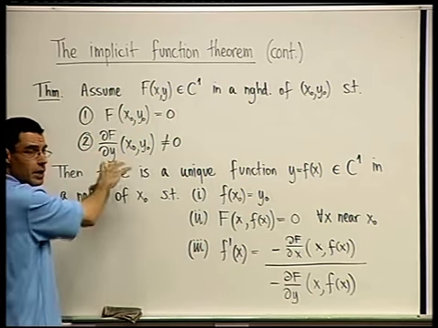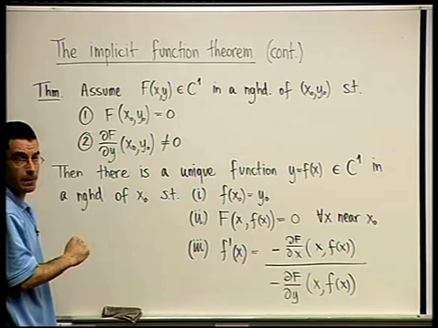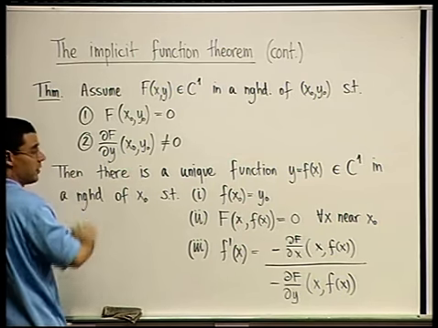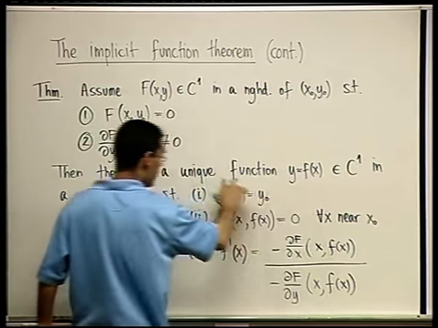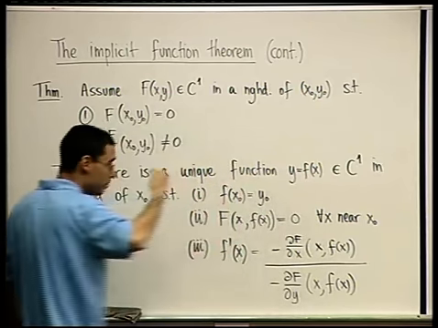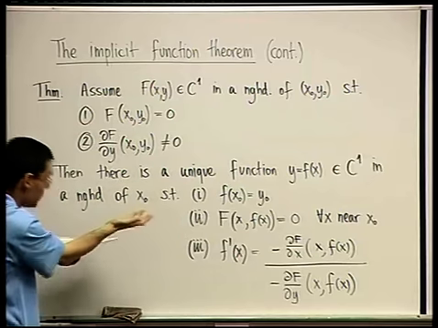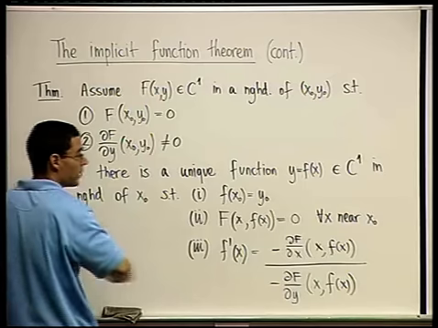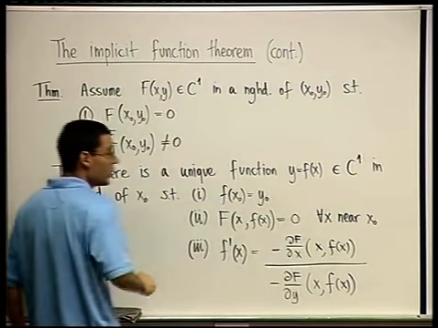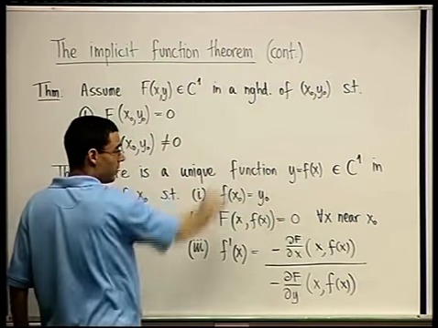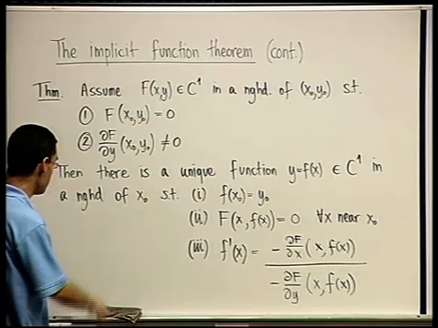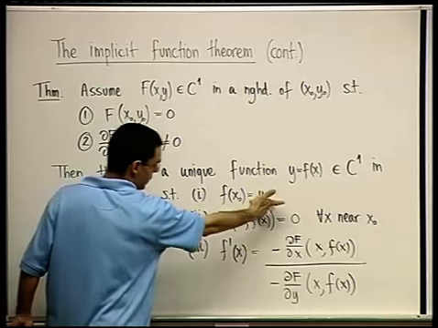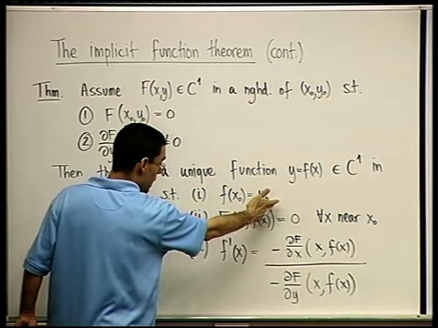Remember the example with a circle that we discussed? And the theorem says, then there is a unique function, y equals f of x. This unique function is the implicit function. The theorem does not give you a formula. It's going to be a C1 function with continuous partial derivatives in a neighborhood of x0, such that f of x0 equals y0.